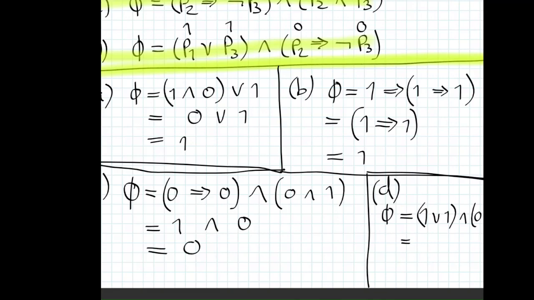One of them must be 1 for it to be 1, otherwise it is 0. So that's true. It is 1. And then we have a 0 implying a 0. 0 defaults to a 1. And the conjunction is true. So the result is 1. And that's the result for A, B, C, and D done.